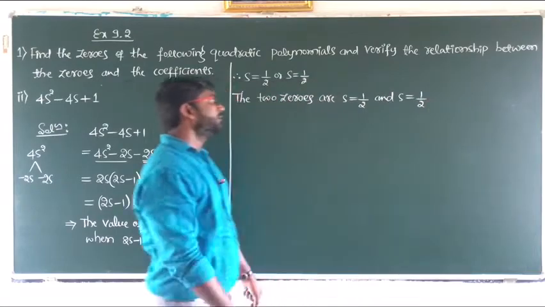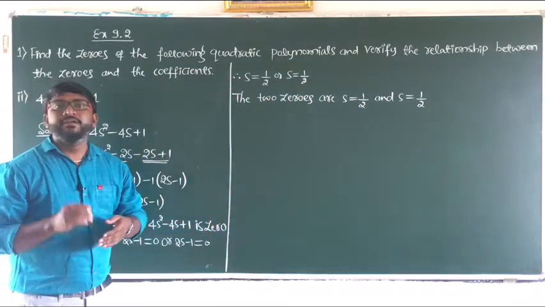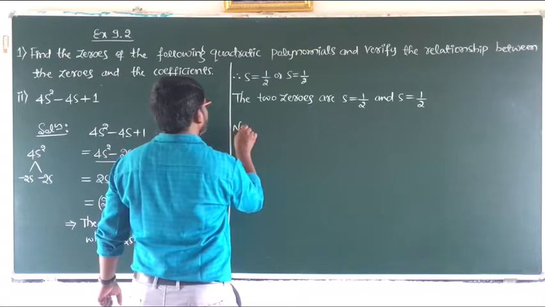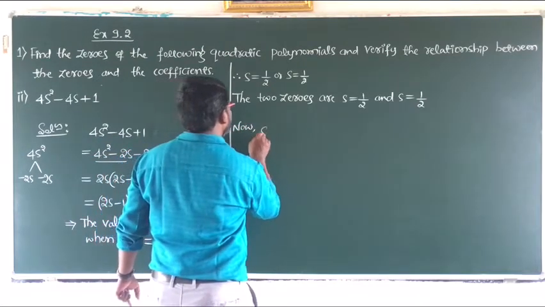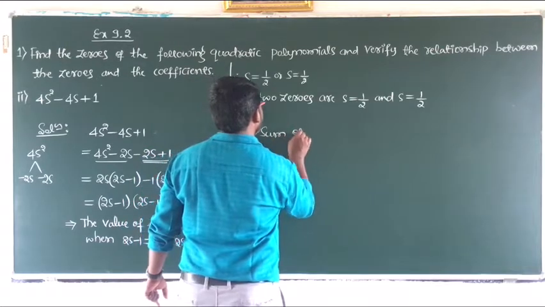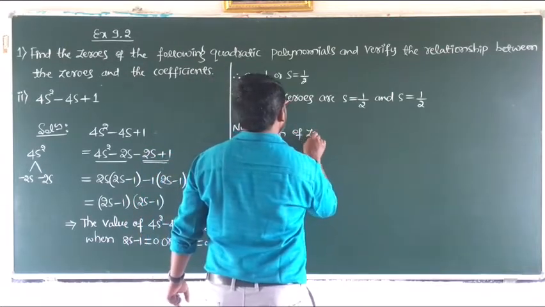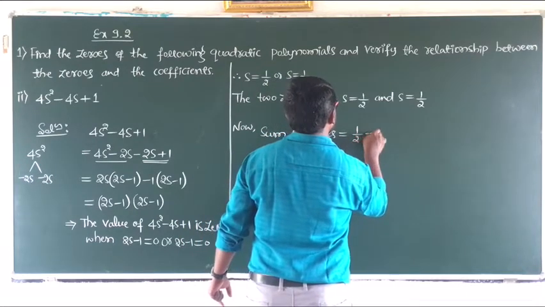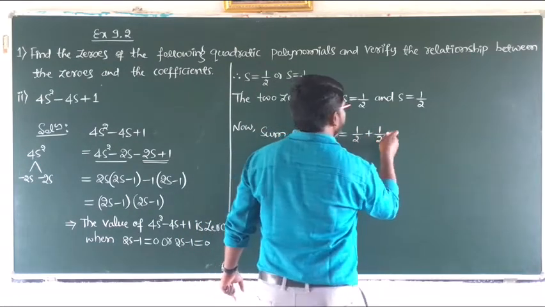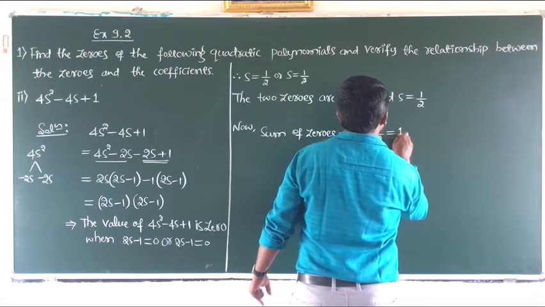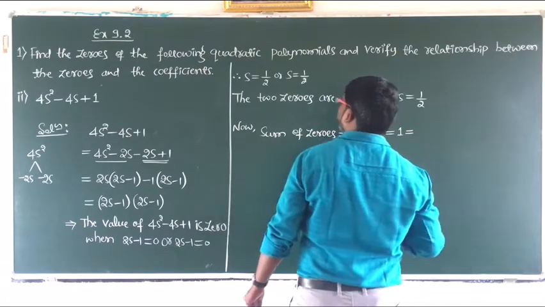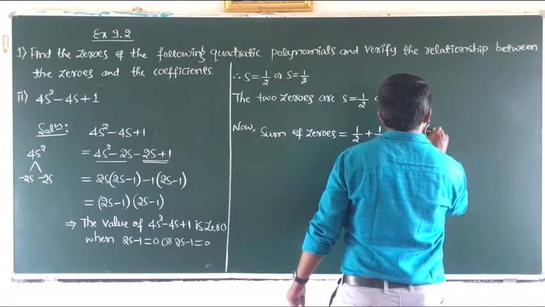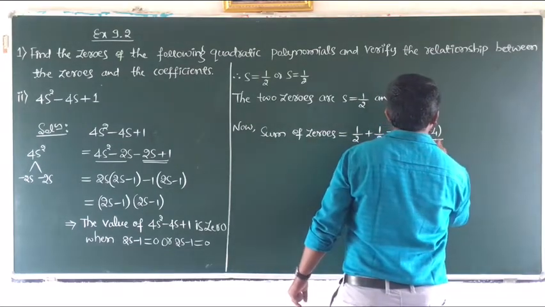Now we go for the sum of zeros and the product of zeros. Sum of zeros is 1 by 2 plus 1 by 2, which equals 1. Now this 1 can be written as minus of minus 4 divided by 4.